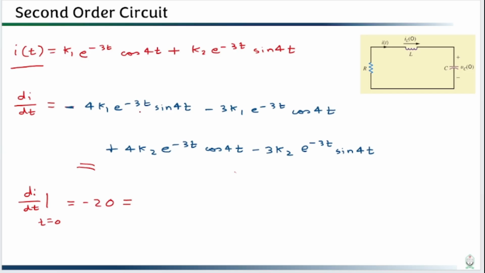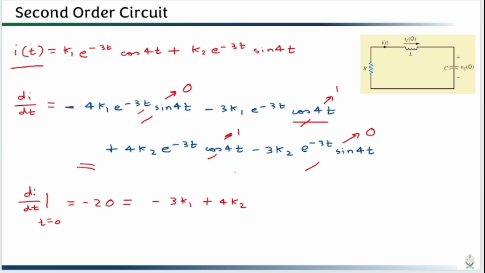Now if we set t to 0 in this equation, we get an expression like this, where this term becomes 0 and the term with sine vanishes. Here this becomes 1, and we get minus 3 k1, and here this turns into 1, and we have 4 k2.